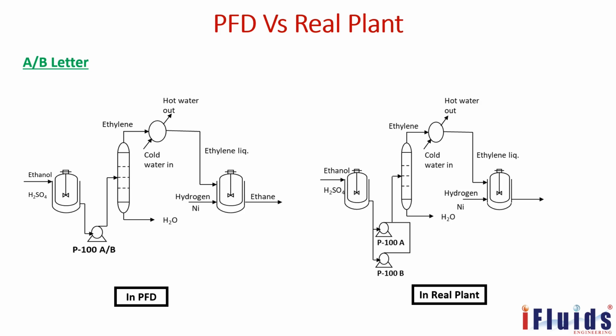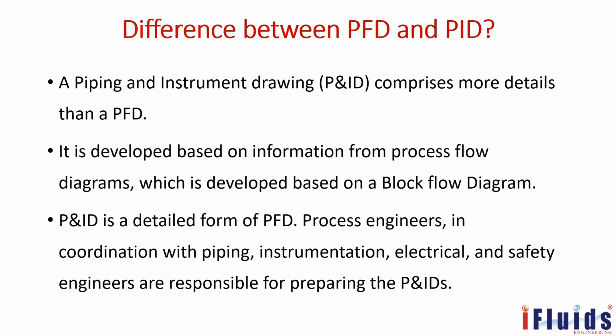As I discussed, what is shown in the PFD is different from the real plant. In the PFD, for two pumps A, B, or in case of four pumps A, B, C, D, you have to show 100A/B/C/D. But in the real plant, even in the P&ID, you have to show all the pumps. That is the difference between the PFD and the real plant, the difference between PFD and P&ID.